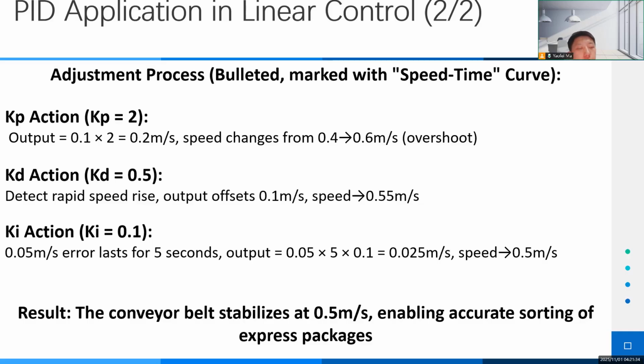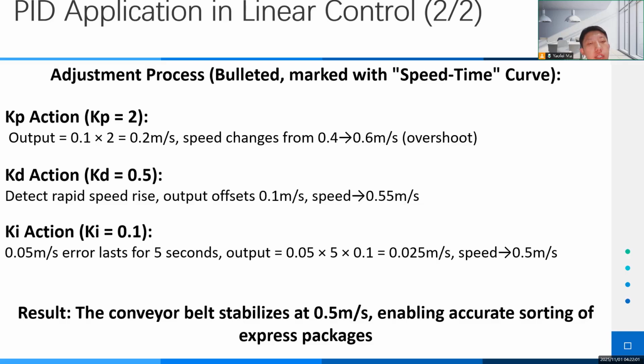That's overshoot. 2. Then KD is 0.5. It detects the speed is rising fast, so it offsets 0.1 of the output. Now the speed drops to 0.55.